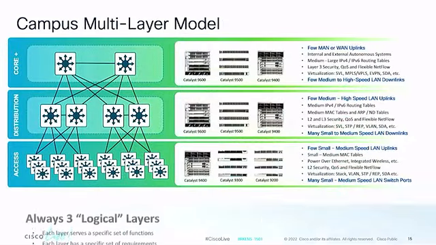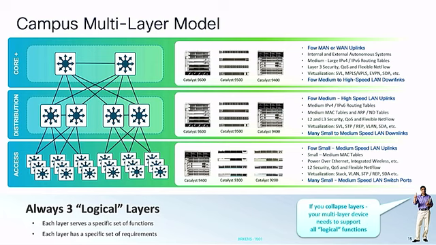So, first thing we're going to look at is just kind of the multi-layer models I just talked about. And the key here is you always have the three logical layers. Even if I have just 2 layers with a collapsed core and distribution, or if I have 4 layers, regardless of how many layers, you always have to have at least the 3 logical layers. And those are typically a layer 2 and a layer 3 and then some kind of layer 3 above.